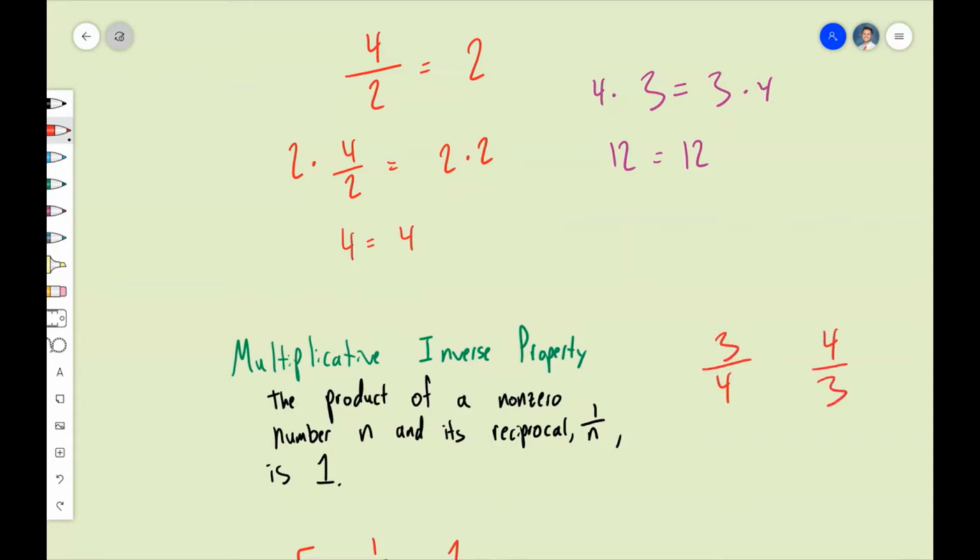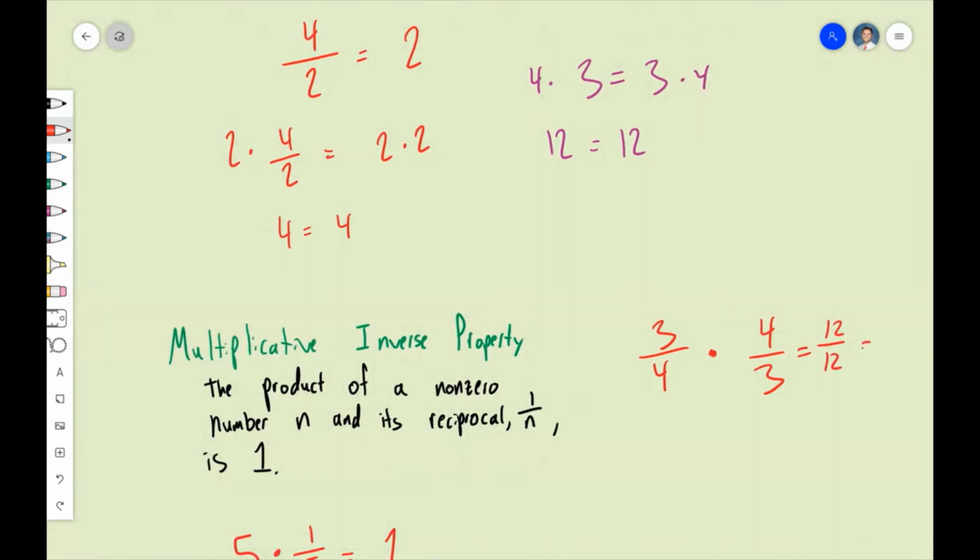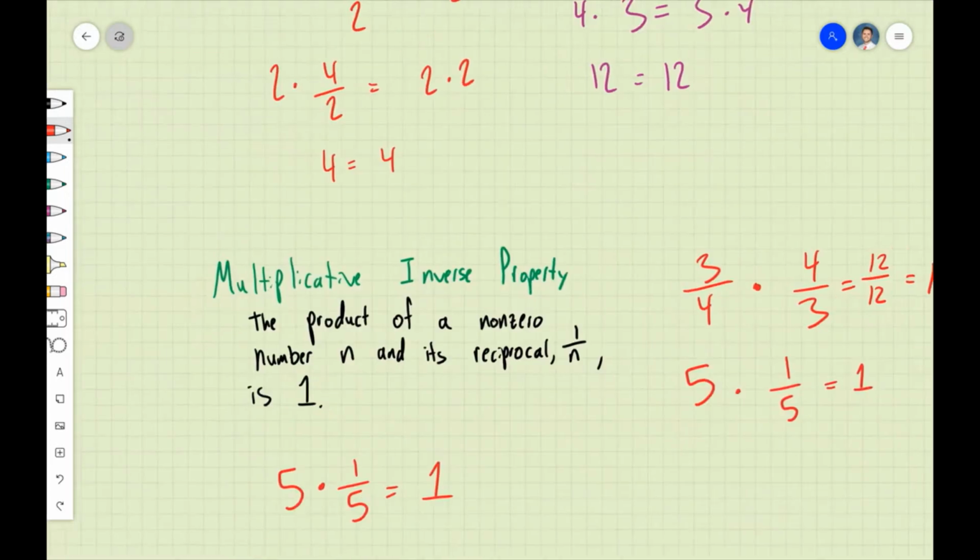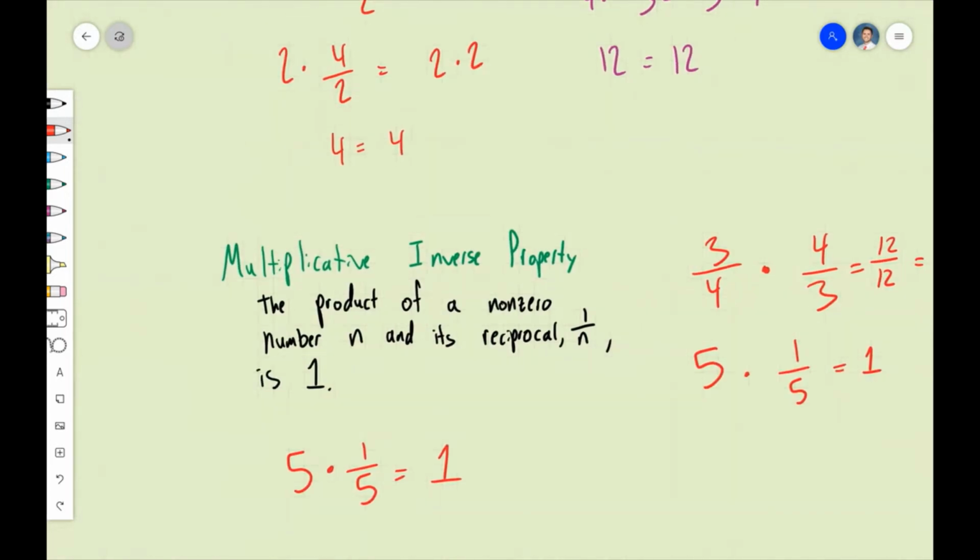Now the product of a number and its reciprocal will always be equal to 1. So 3/4 times 4/3, you could even double check that. 3 times 4 is 12, and 4 times 3 is 12, and that would equal 1. So anytime we multiply a number by its reciprocal, for example, 5, its reciprocal is 1/5, and if we multiply those, we get 1. So that is the multiplicative inverse property.